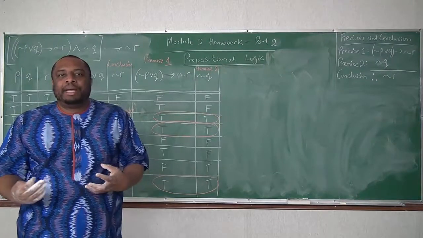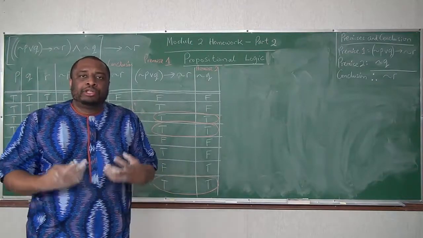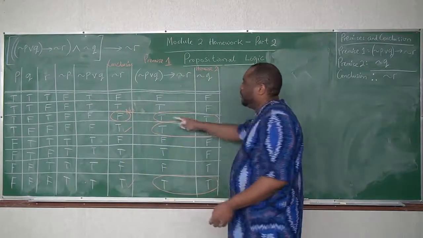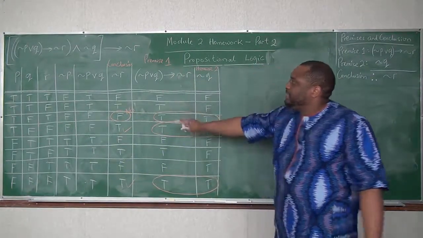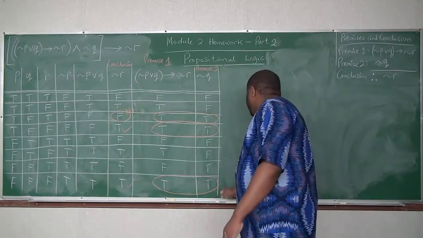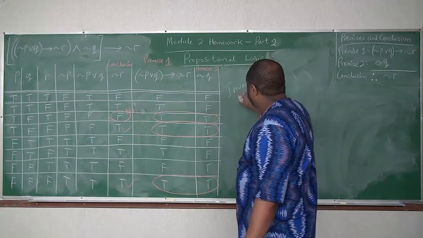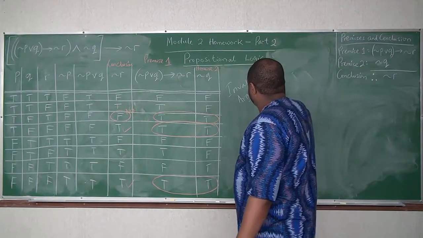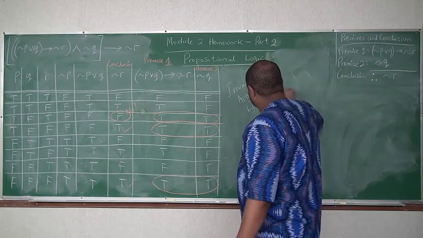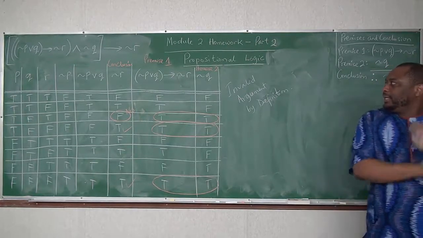Because a valid argument is an argument in which the conclusion necessarily follows from the premises. So, because you have at least one case where both premises are true and the conclusion is false, this is an invalid argument. By definition. And that is it.